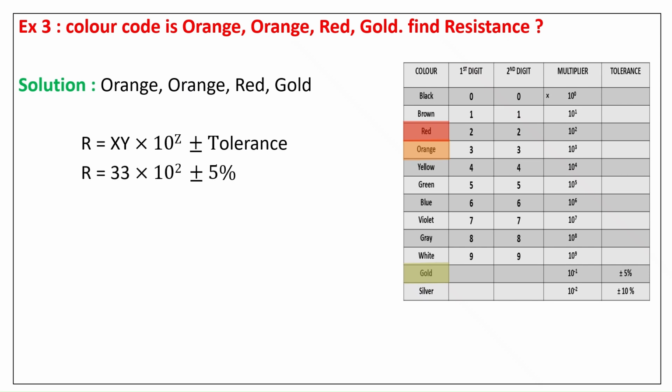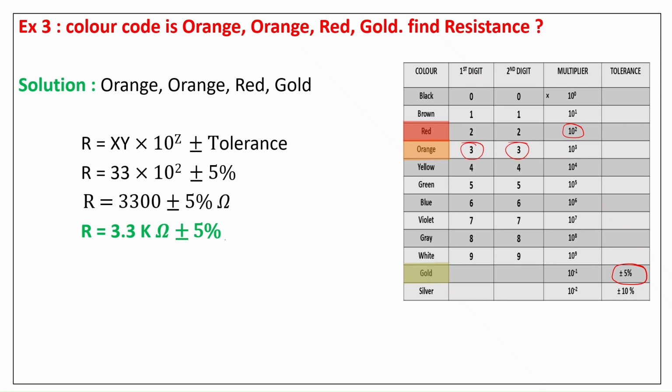So, R is equal to 33 into 10 to the power 2 plus or minus 5%. So we can also write R is equal to 3300 plus or minus 5% ohm, or R is equal to 3.3 kilo ohm with plus or minus 5% tolerance.